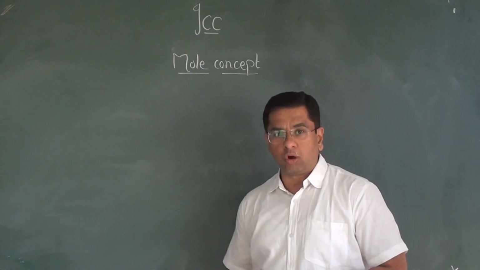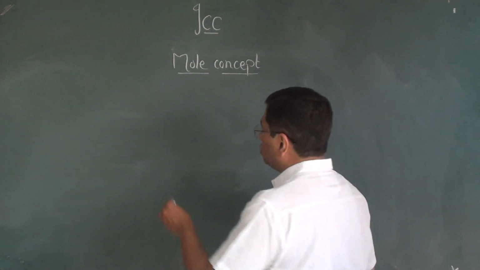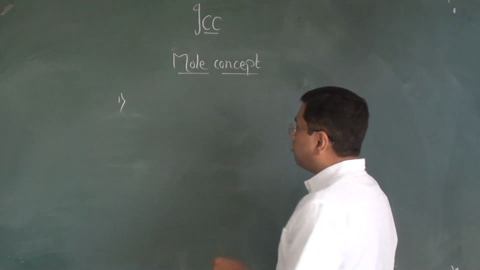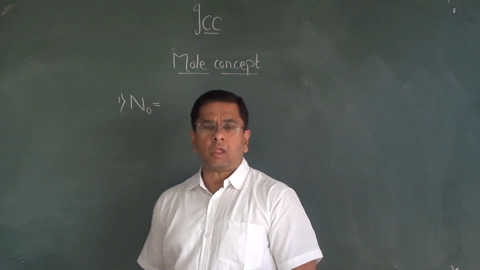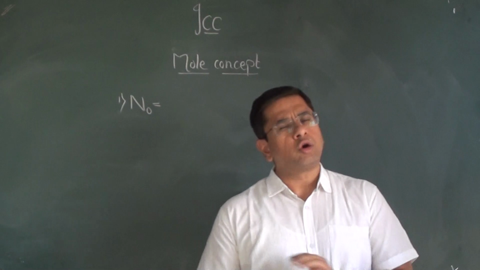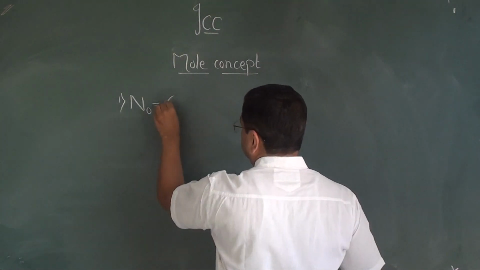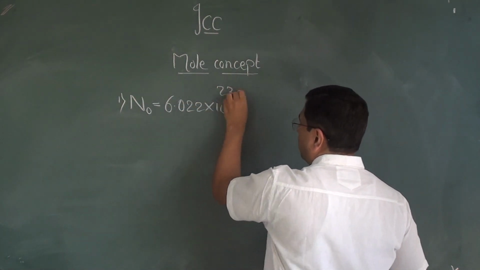For understanding the mole concept, first let us see what we need to know. You should know what you mean by Avogadro's number, represented by N0. It's a pure number. Its value is 6.022 into 10 raised to the power 23.